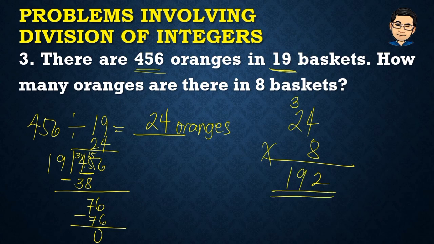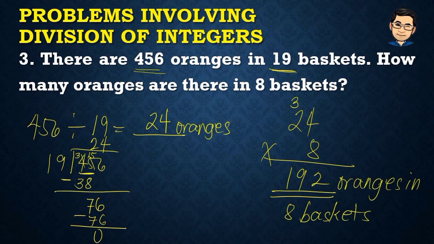So, there are 192 oranges in 8 baskets. Okay, so ito yung sagot na ating hinahanap. So, yung 24 oranges na to, ito lang yung laman ng kada basket. Okay. So, pag minultiply natin ng 24 oranges sa 19 baskets, makukuha natin yung 456 na bilang ng mga oranges.